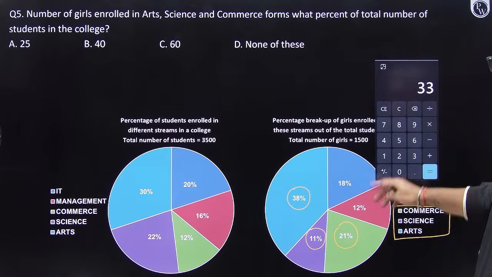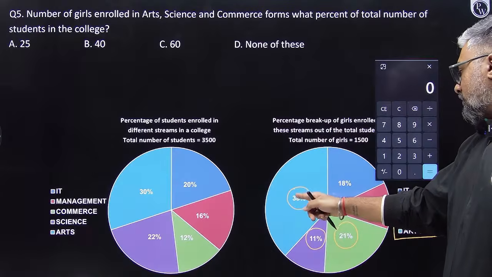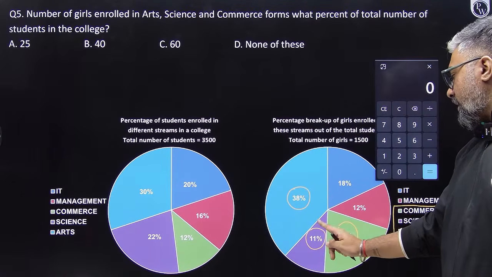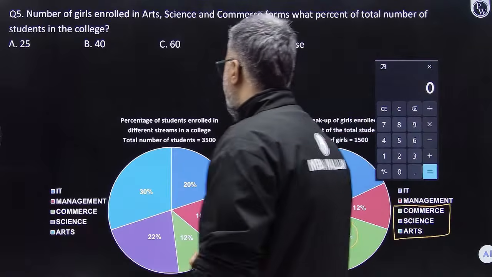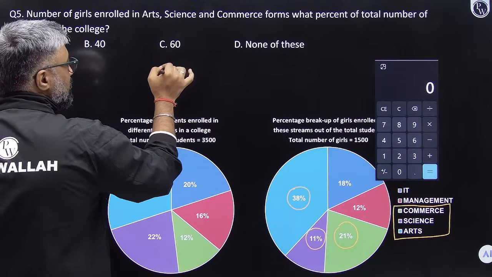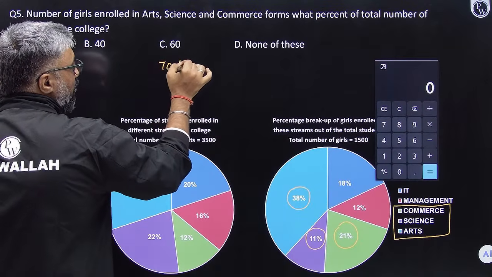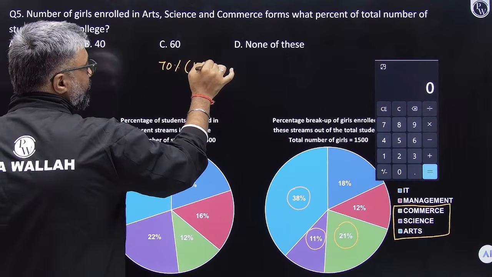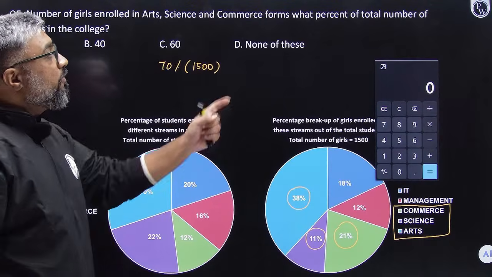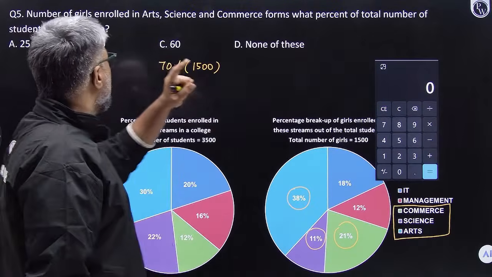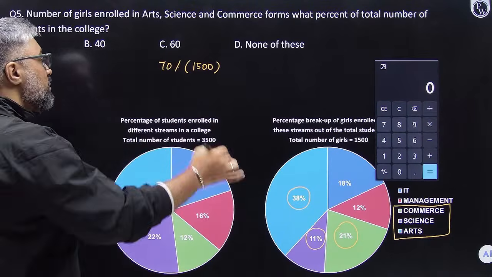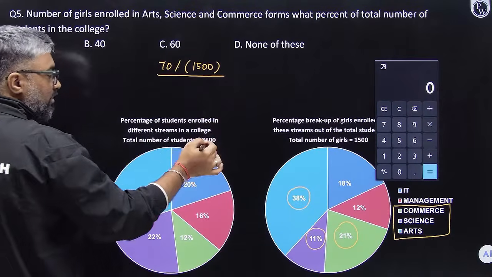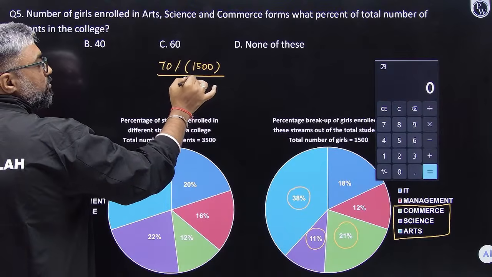Correct? So this is 70% of the girls. They are asking what percentage of the total number of students in the college this forms. Not total number of girls, total number of students. How many students do we have? We have 3500 students. Got it?